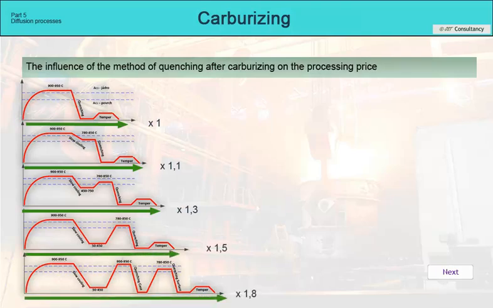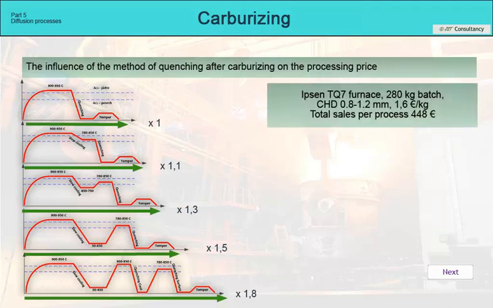In the case of working with the Ipsen TQF7 double-sided furnace, we can consider an average batch in the process of 280 kilograms. If we have carburizing to the most common depth, 0.8 to 1.2 millimeters, then we can count on a price of 1.6 euros per 1 kilogram of carburizing as the average market price.